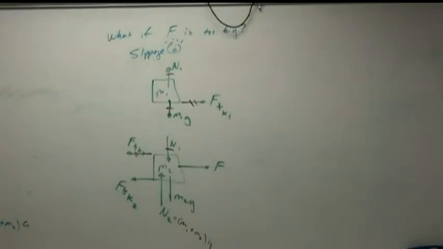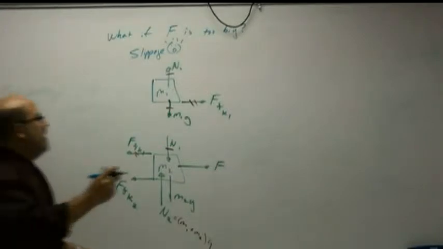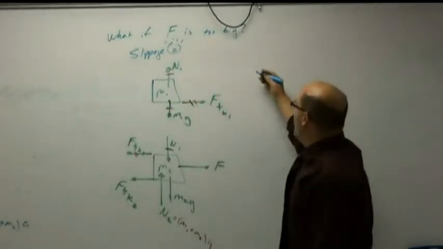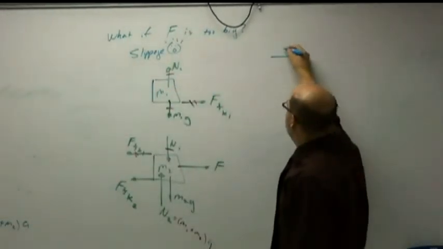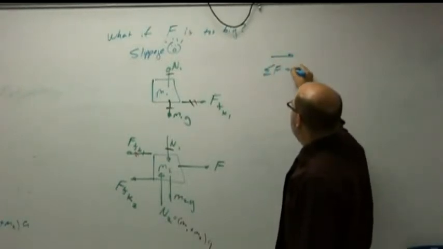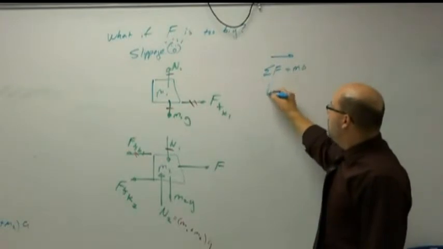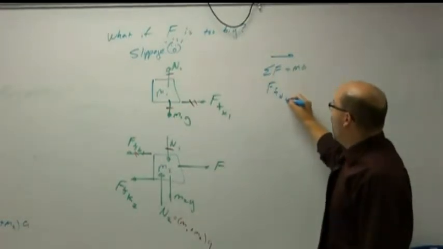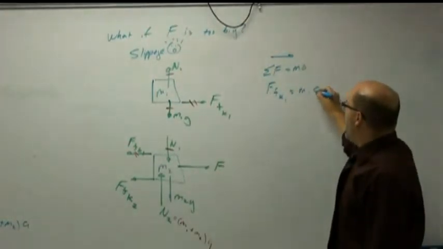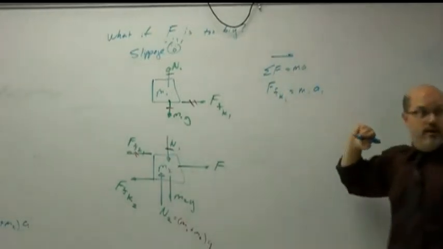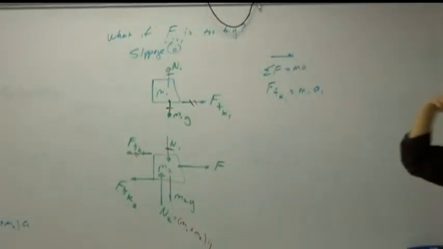But in the right-left direction, the x direction, the sum of the forces equals MA. For this one it's just force friction kinetic 1 equals M1A1, because we have a different acceleration for the top one than the bottom one this time.